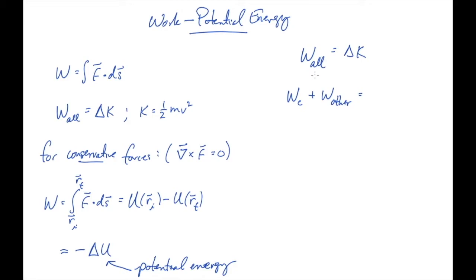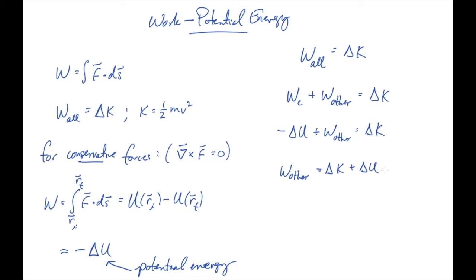So work by all becomes conservative forces plus other forces, and that's going to equal delta K. Now for each conservative force, we can identify a potential energy function, and W_C for each one becomes minus delta U. So we have minus delta U plus work other equals delta K. Solve this for work other: delta K plus delta U.